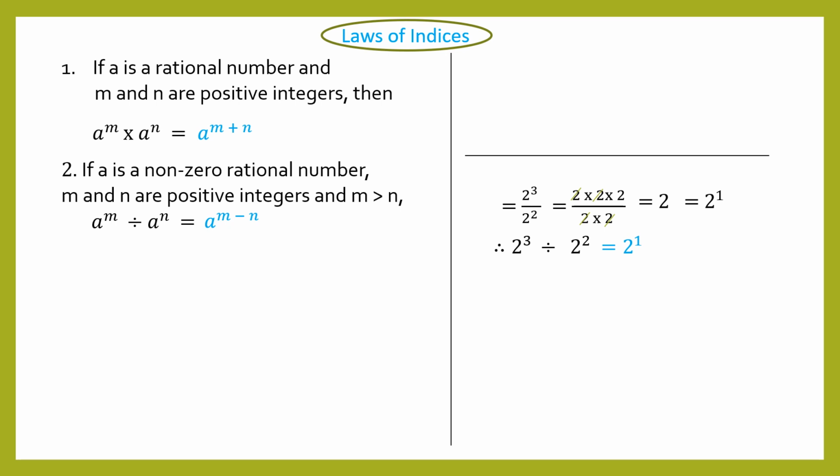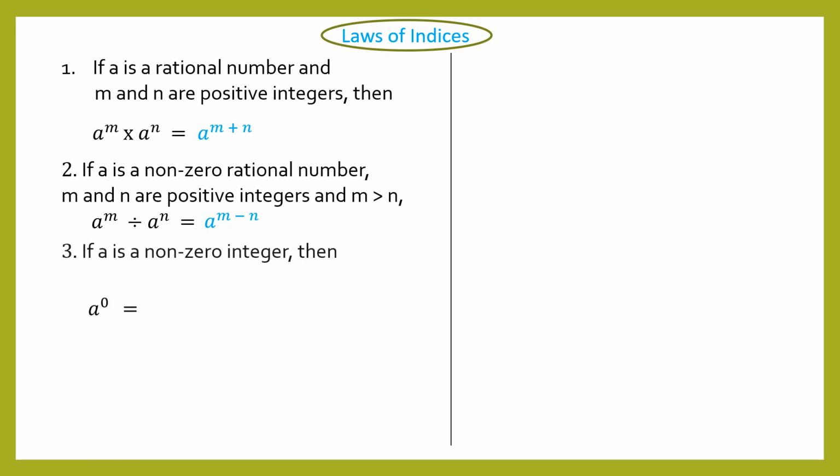Third, if a is a non-zero integer, then a raised to 0 is equal to, let's see what will be the answer for a raised to 0. Let's take an example. Now 2 raised to 0. Now any number raised to 0 means we don't have to write 2 any times.